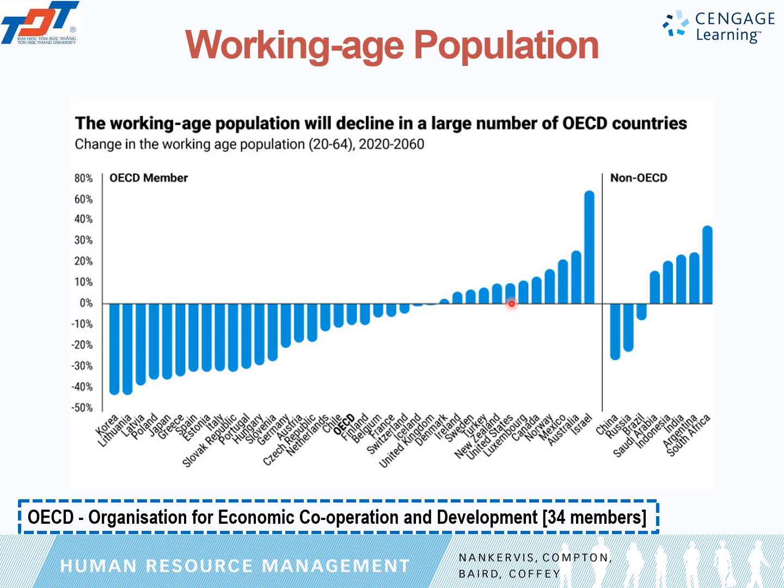United States is also one of these countries. If we look at the so-called non-OECD members, so countries that are not part of these 34 states or members, India, Argentina, South Africa, and Indonesia, and even Saudi Arabia are also expected to enjoy growth with reference to this category of the general population.